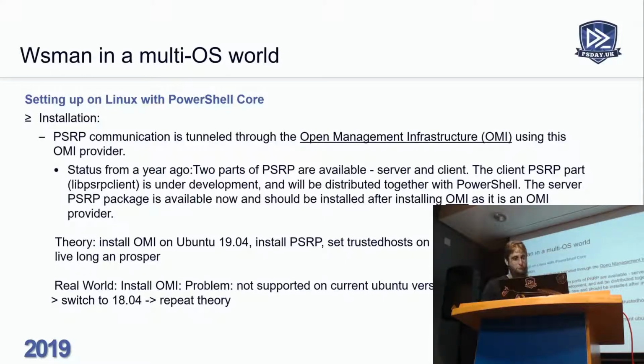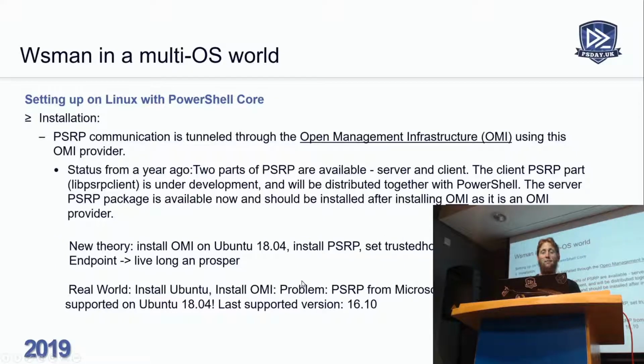First thing ever. The latest supported version is 18.04. Easy. So we switch to 18.04 and start again. New theory: install OMI on Ubuntu 18.04, install PSRP, set trusted hosts, and everything is fine. Well, no.